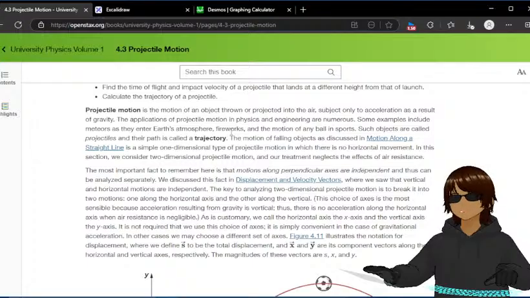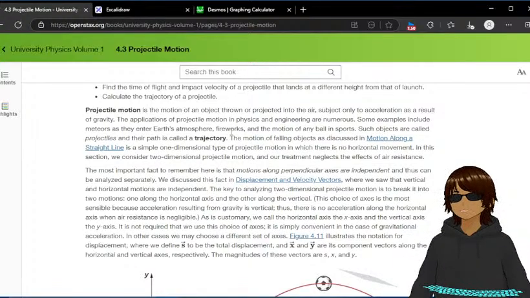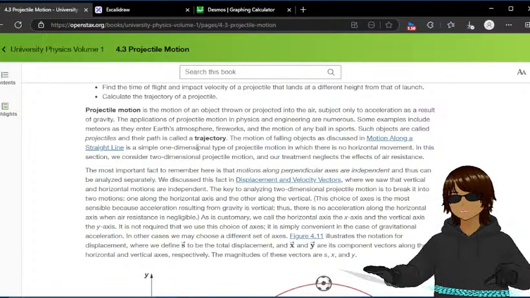Such objects are called projectiles, and their path is called a trajectory. Motions of falling objects are discussed in motion along a straight line. It's a simple one-dimensional type of projectile motion in which there is no horizontal movement. In this section, we consider two-dimensional projectile motion.